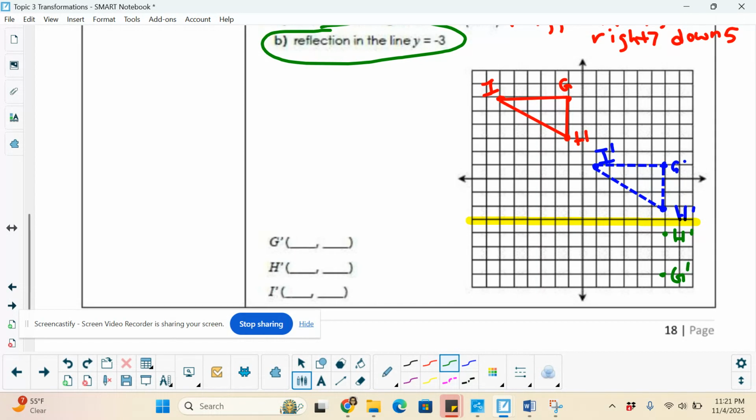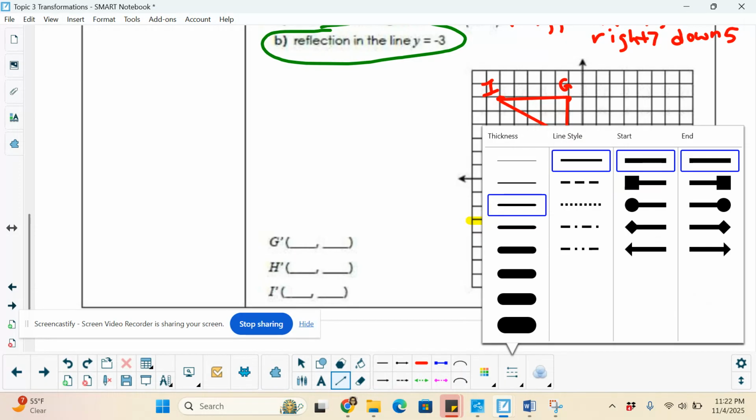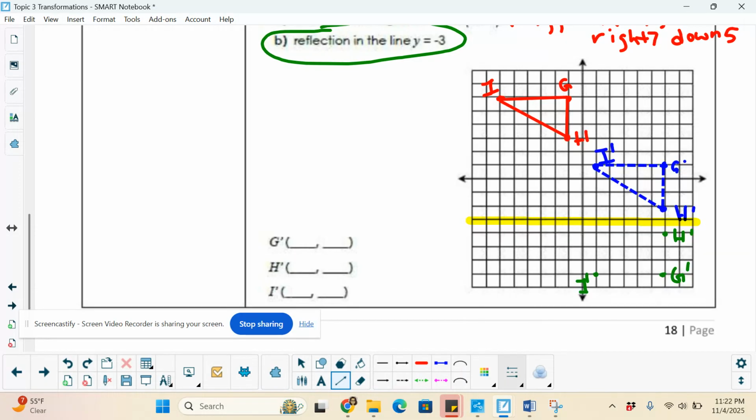That is my final G prime. I is 1, 2, 3, 4 spots above. So then we're going to count 1, 2, 3, 4 spots below. That is my final I prime. I connect my dots with a solid line because this is my final image. And there you go.